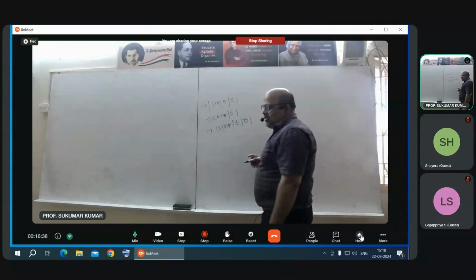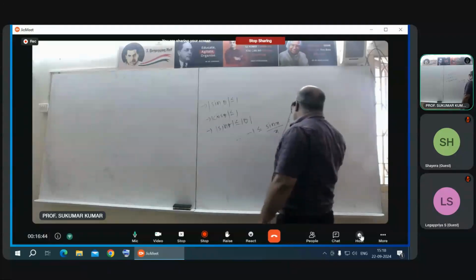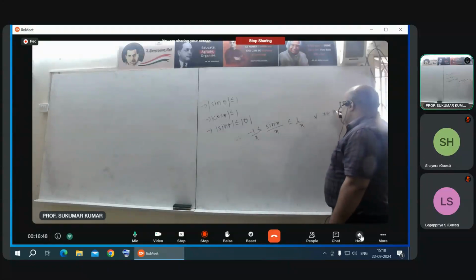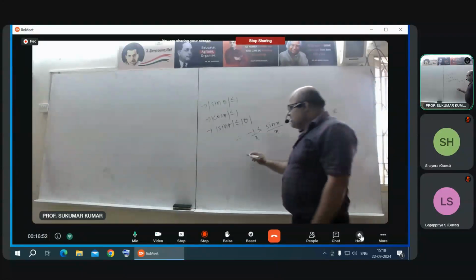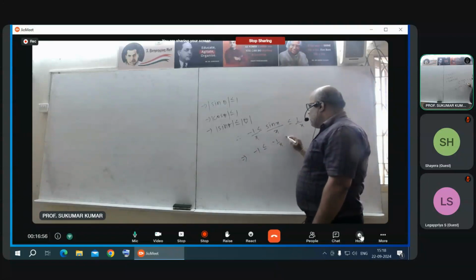Sin x by x, we saw the graph and all. Sin x by x range is, this is for all x belonging to real numbers. But this 1 by x and minus 1 by x, again I can write like this.